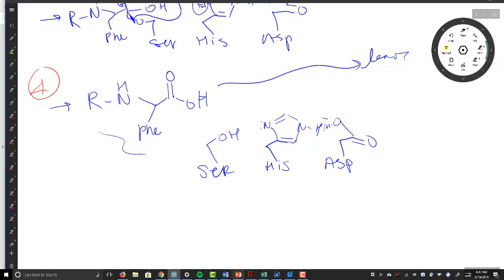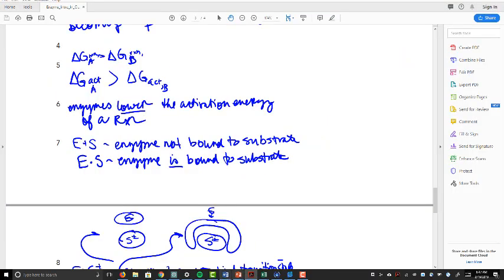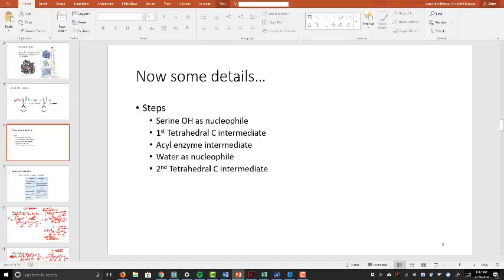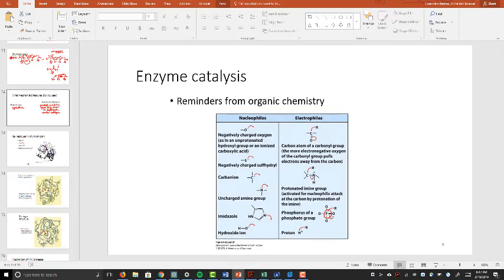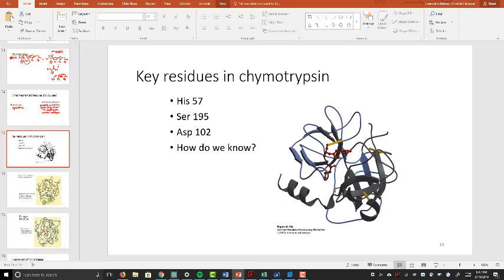So again, we'll actually see this on Thursday, but they're histidine 57, serine 195, and aspartate 102. So they're not anywhere close together in sequence, right? There's about 50 amino acids between. They're far apart in sequence space, but they're close in proximity space.